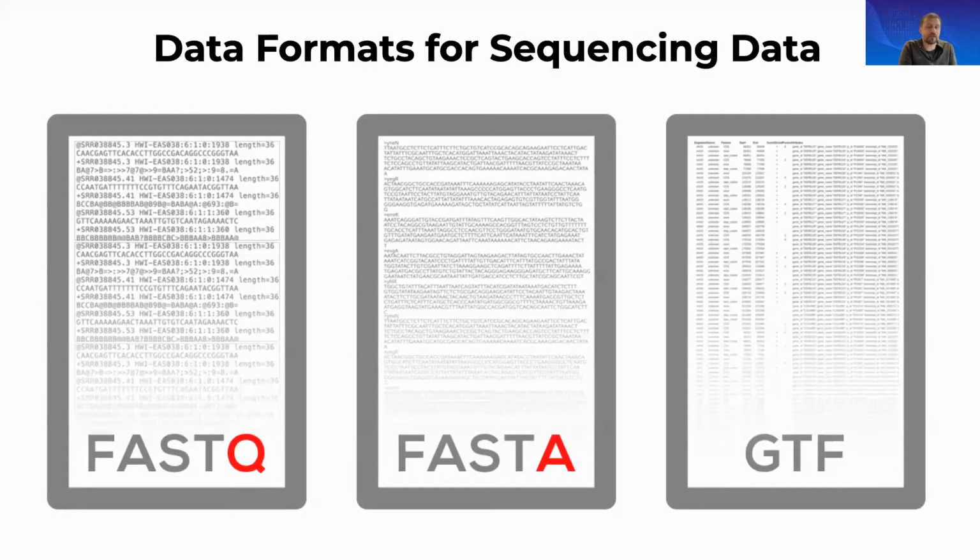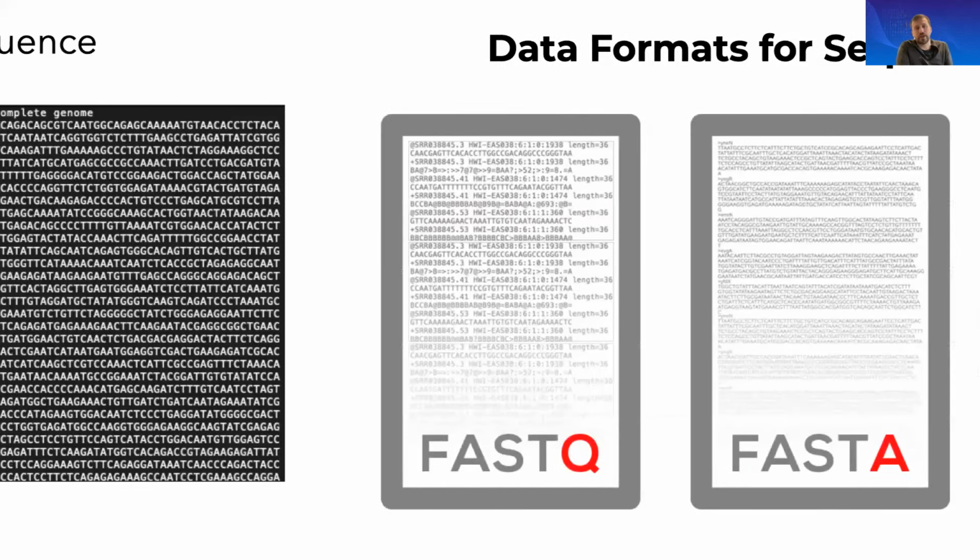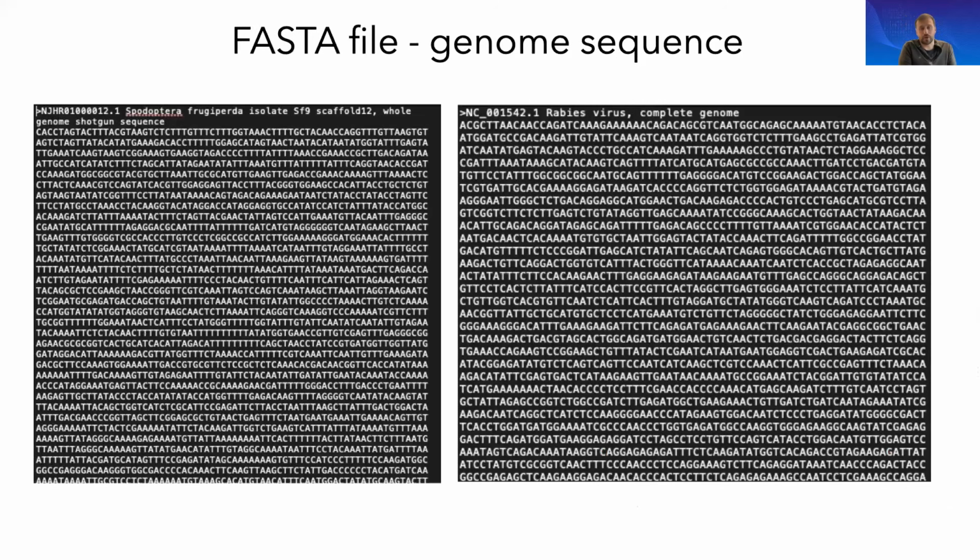And then another file that is often used is a reference file, the annotation file, and that could be the GTF or the GFF file. So these three are going to be used a lot in our work with DNA sequences. And you really need to understand how these files are organized.